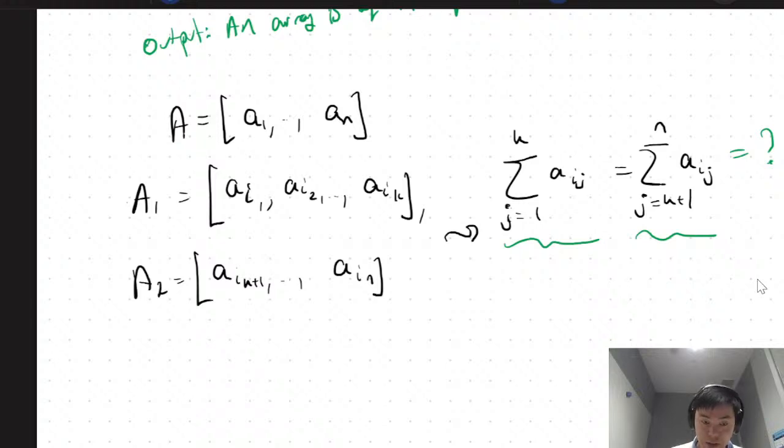Okay, so we don't actually need to assume we know what A1 and A2 are.